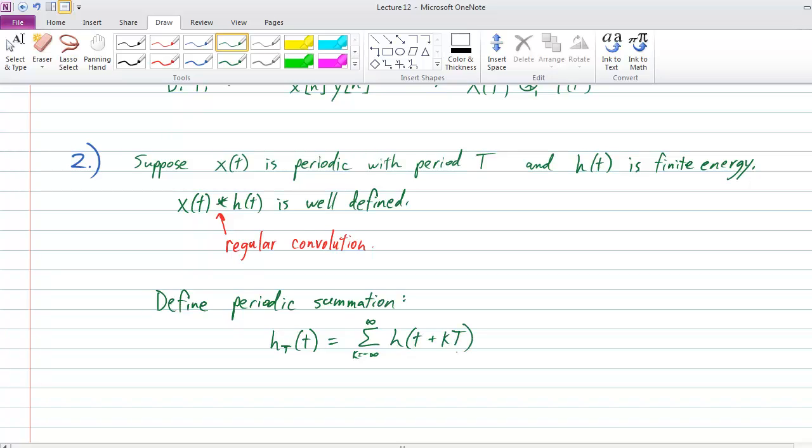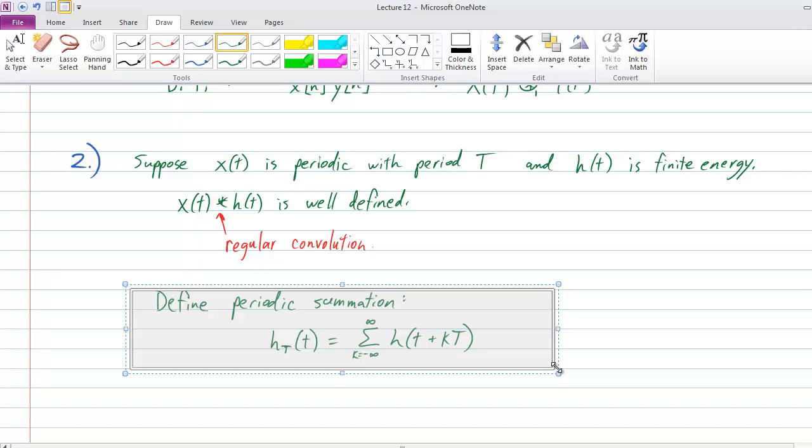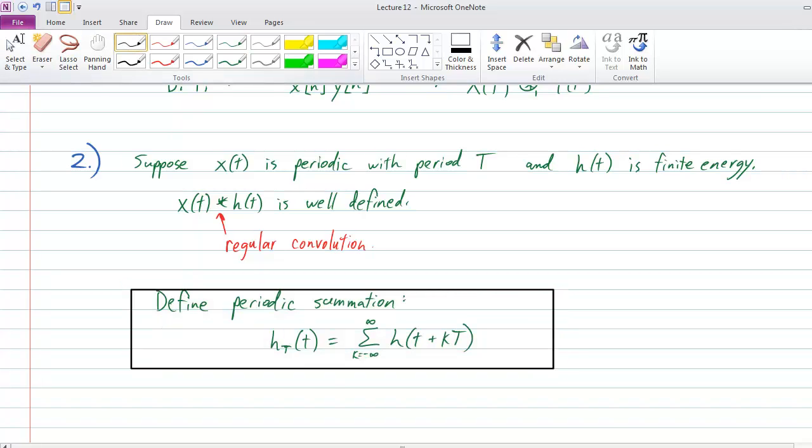All right, what have I defined here? I'll put a box around this because this is kind of a separate definition. So what have I done here? I've taken something like, let's say there's h0, let's say that's h of t.